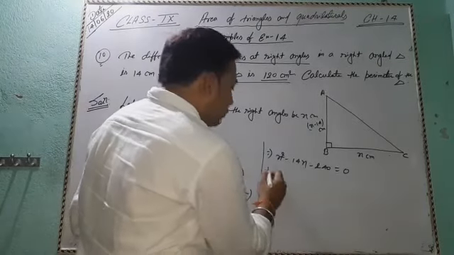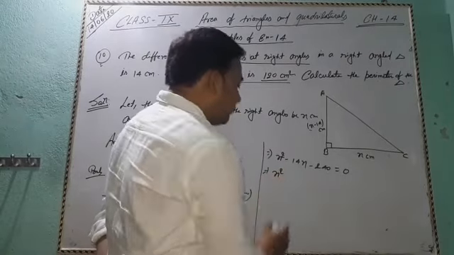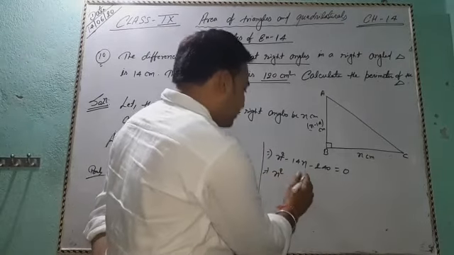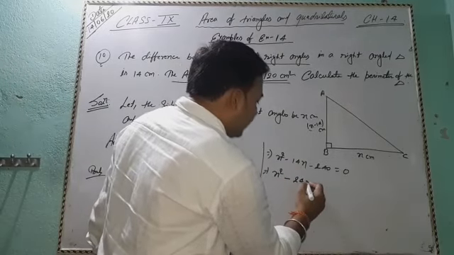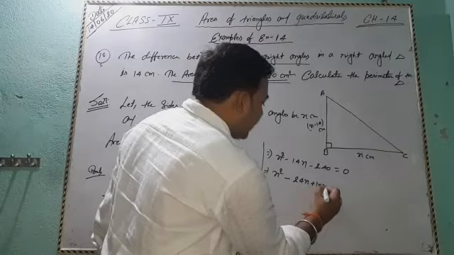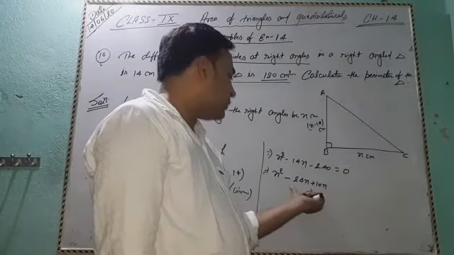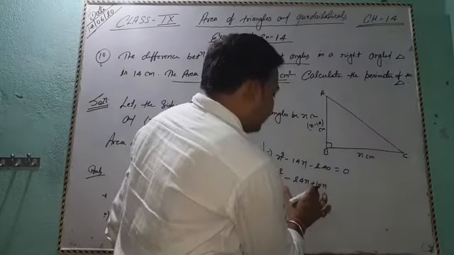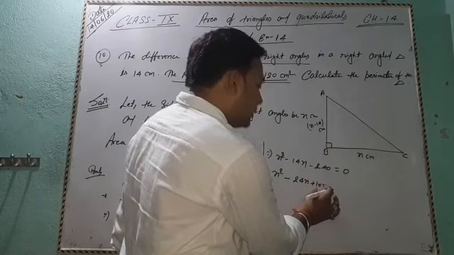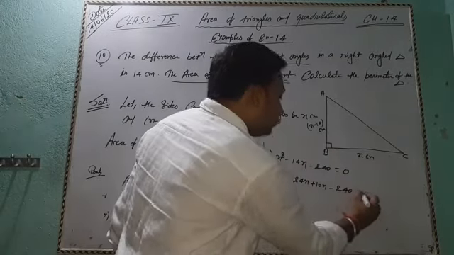Okay, so we factorize. We write the x square and minus 14x equal to minus 24x and plus 10x. Minus 24 multiply 10 equals minus 240. So x square minus 24x plus 10x minus 240 equal to 0.